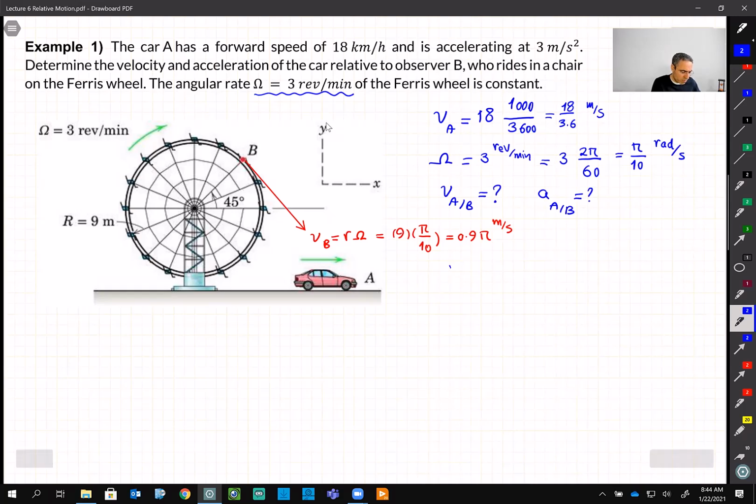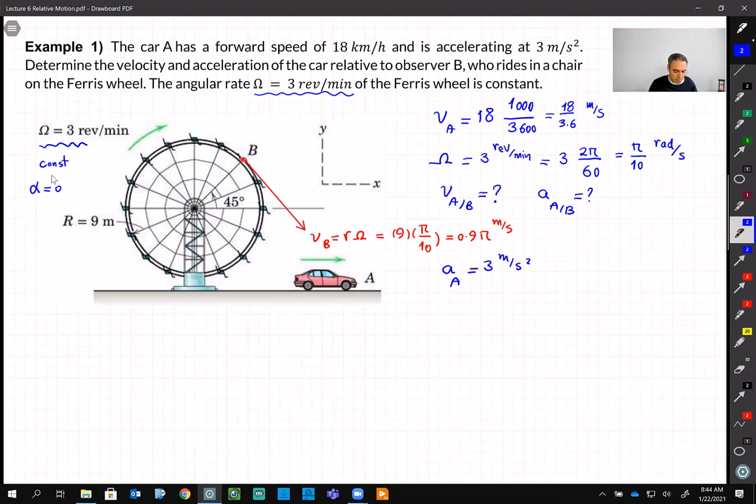So we know A has an acceleration, 3 meter per second squared, that's good. What about AB? Do I have an acceleration for B? This guy is constant, so it means I don't have any alpha, right? But whenever we are on a circular motion, we should have an acceleration an.